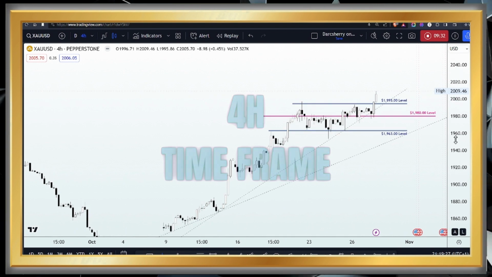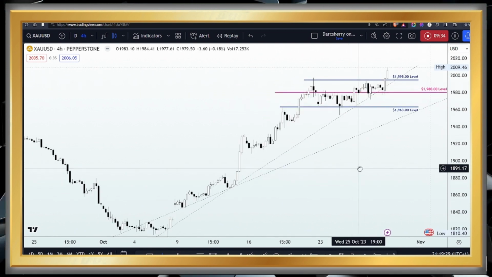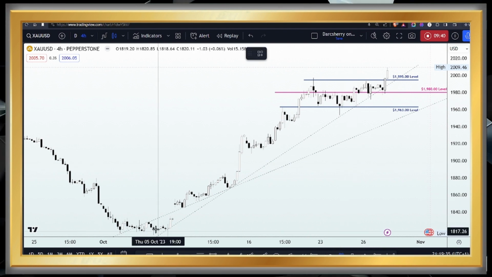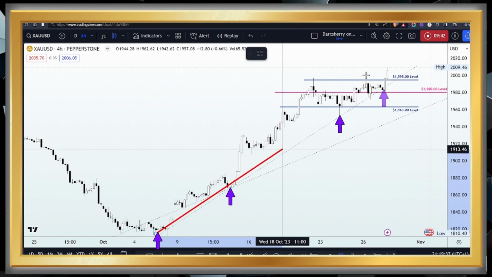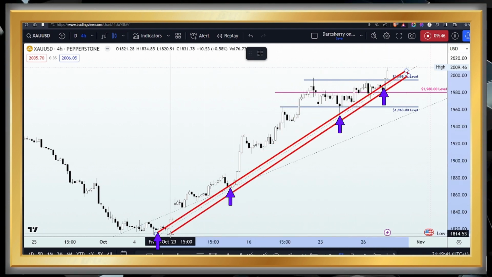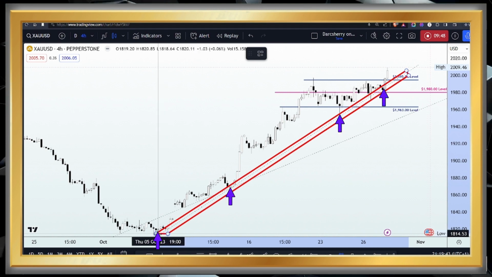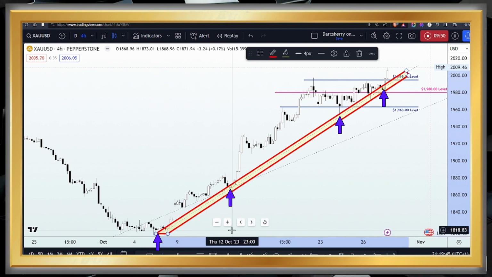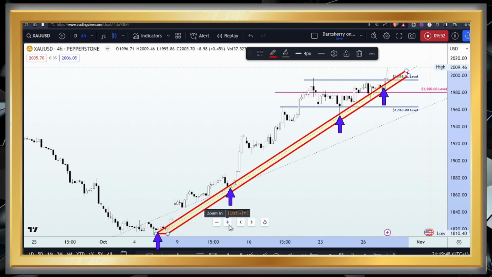And what I did on the 4 hours time frame was to take into consideration the nature of price action since the beginning of this month, and it's quite clear that price action has been very, very bullish, as you will see how price had consistently and uniformly found higher lows, giving us an ascending trend line to work with.